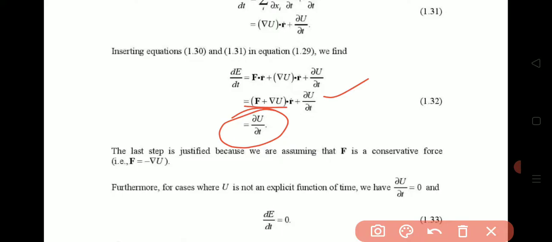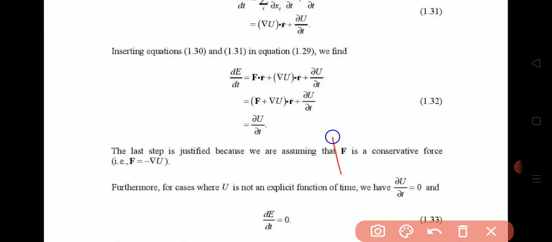That means F equals minus del U. When we put F equals minus del U, this term becomes 0. So we have only partial U by partial t.